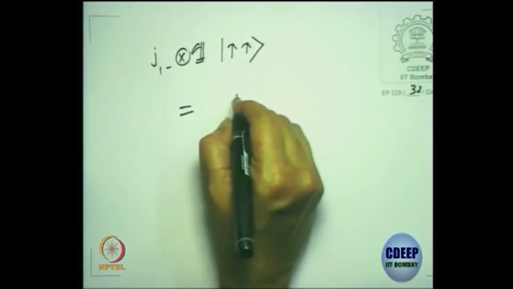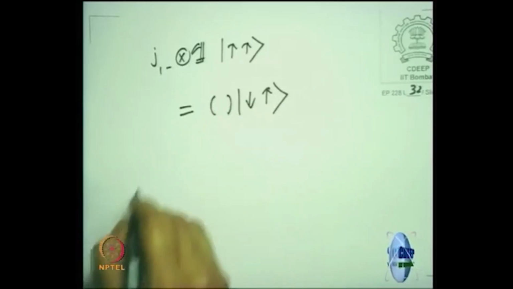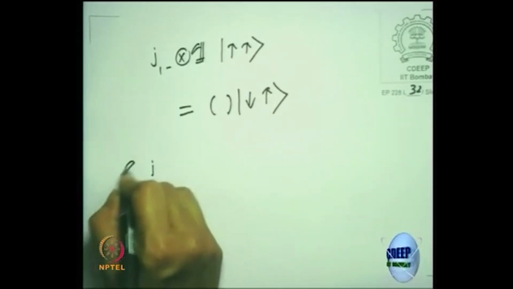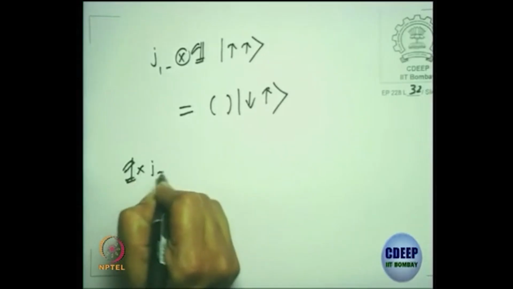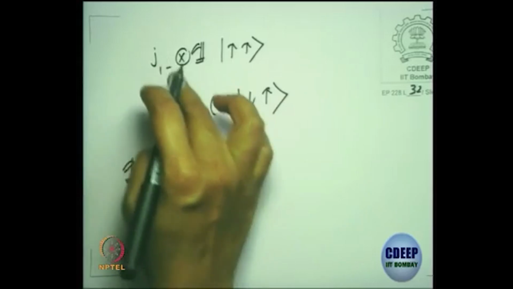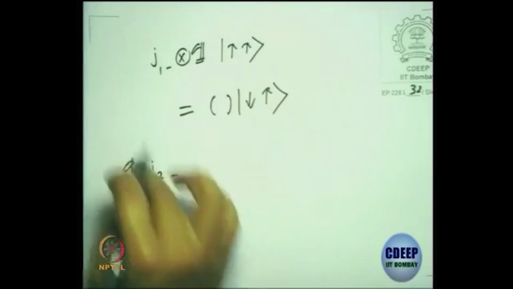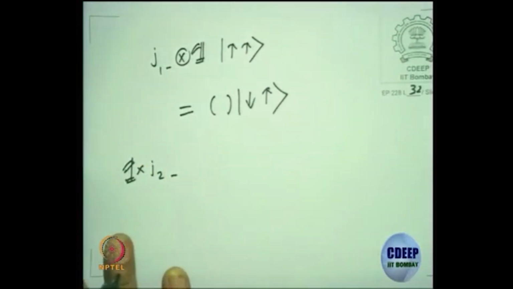What will the state be? What is this coefficient? You should remember this 1 and 2 I am just putting to know it should operate on the first state and it should operate on the second state. As an operator, it's just a lowering operator. Okay.